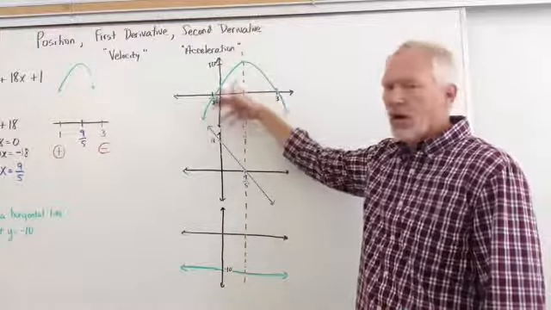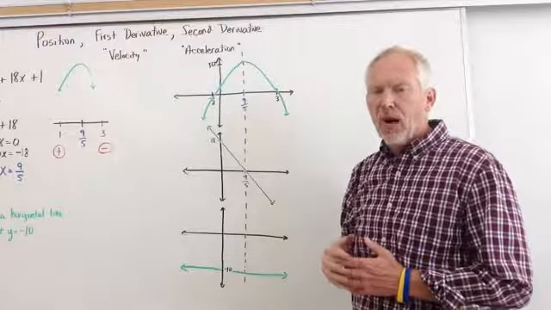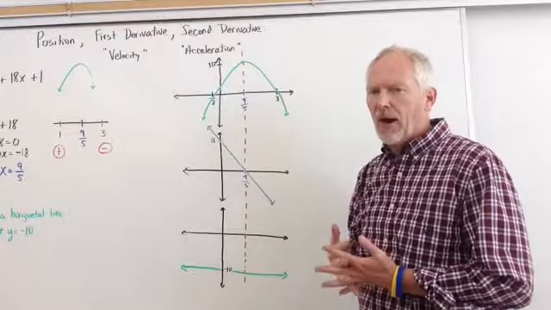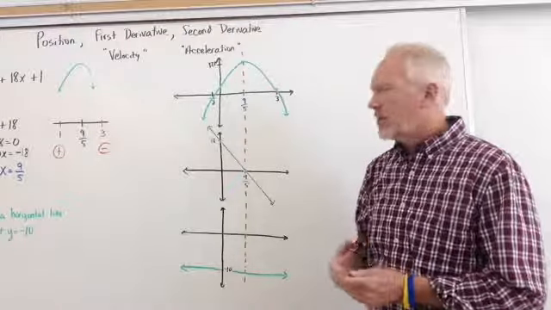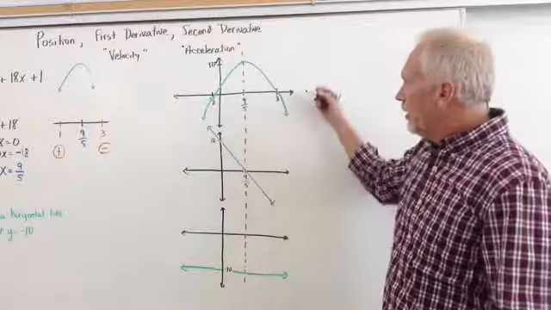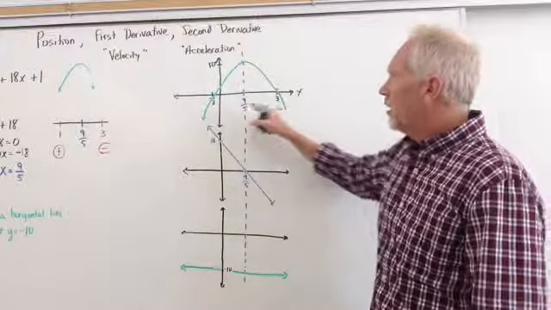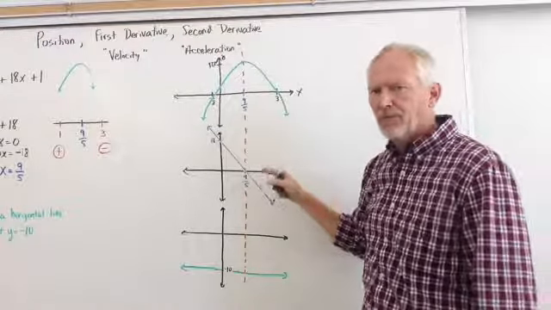Now this is the position of some particle and where it is. If we want to know its velocity or draw a velocity graph, then we have to think of the graph in a different sense. In the position graph, the x is plugged in and goes to some y value.